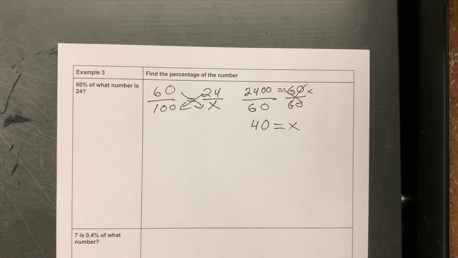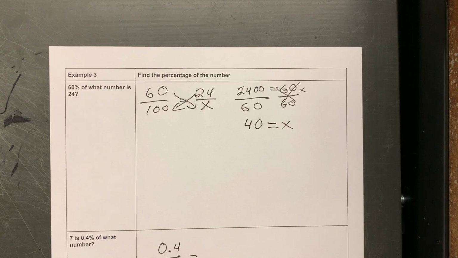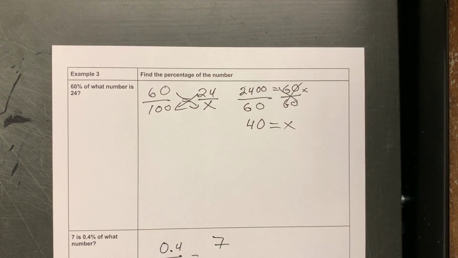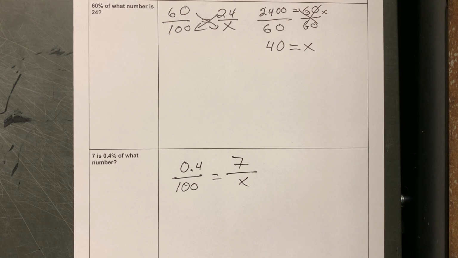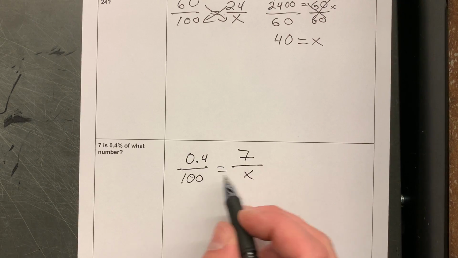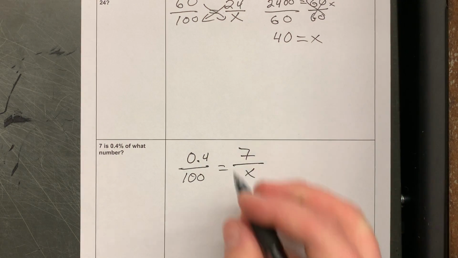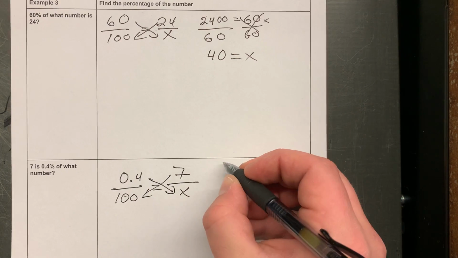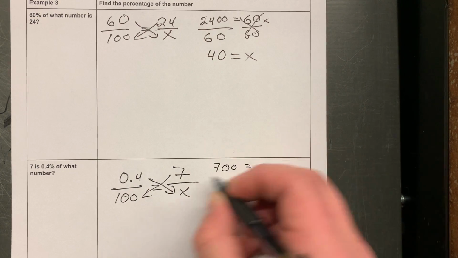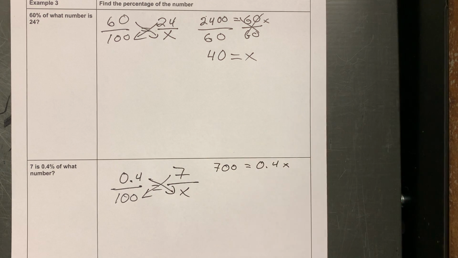Down at the bottom, 7 is 0.4% of what number? So I know my percentage, I'm going to write that over 100. 0.4%, that's the percentage. We know that these tops are the same. We're trying to figure out what the number itself is, what my 100% is. I'm going to cross multiply just like we have done in the past. 7 times 100 is 700, equals 0.4 times x.